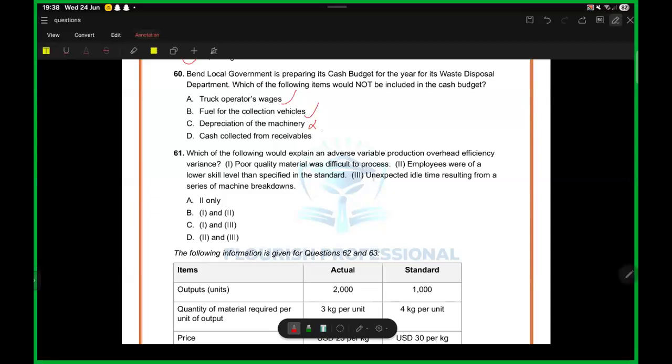Depreciation and amortization are all notional profits. Provision for bad debt, provision for doubtful debt, and all these things are not included in the cash budget. So the answer is C.